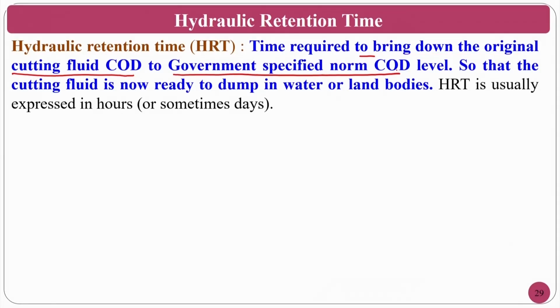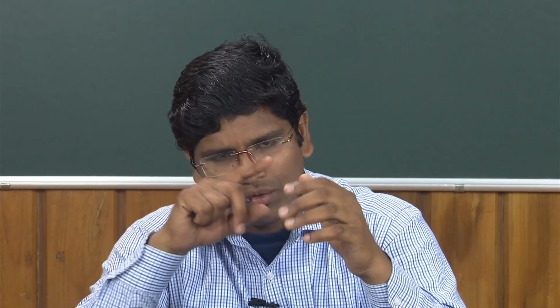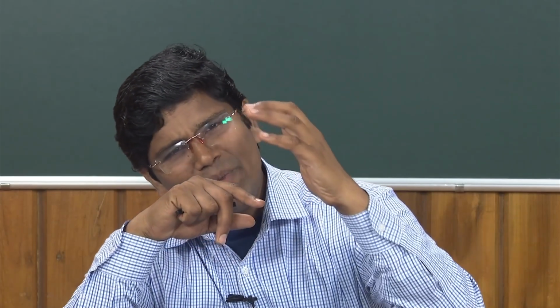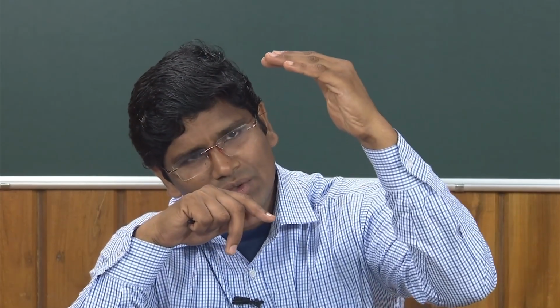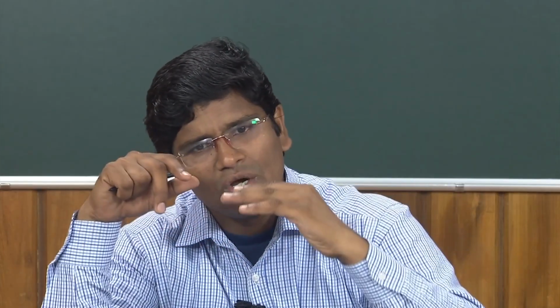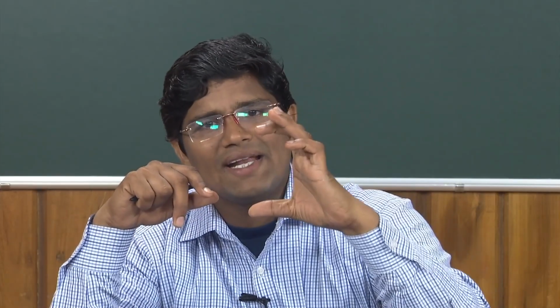Assume that the original COD is 2000 and the government specified is 200. If your COD level is 200, then only you can release it into the water. That is the rule. The time in the reactor to reduce the COD from 2000 to 200 is nothing but hydraulic retention time.